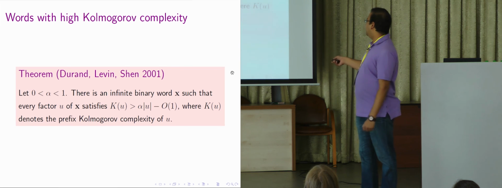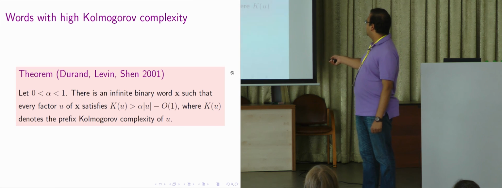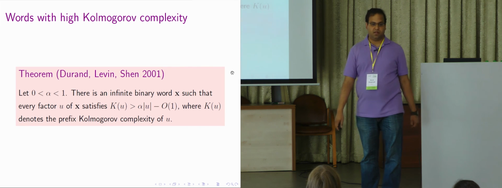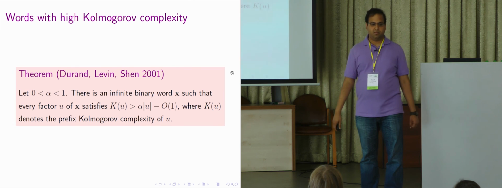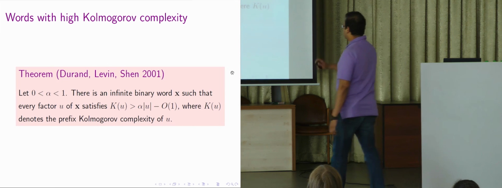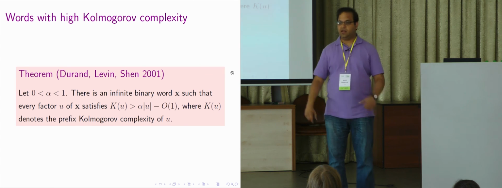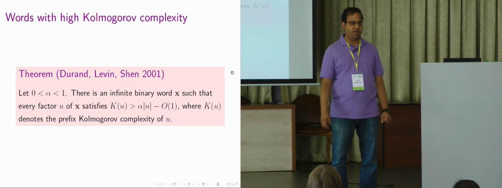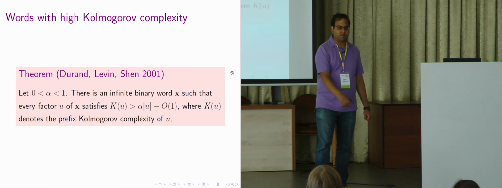Relatively high means that each factor u of this word has Kolmogorov complexity bigger than alpha times the length of u, where alpha is some arbitrary real number that you can choose as close to 1 as you like, but not equal to 1. Okay? So that's quite a nice result, I think. So there's some infinite word where every factor has pretty high Kolmogorov complexity. And this is the prefix Kolmogorov complexity.